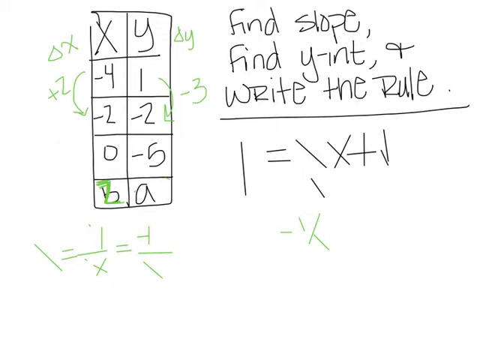So now we just need to find the y-intercept, or the b value. Remember, the y-intercept is what happens when x is 0. So we look at our table and find when x is 0. And we see that when x is 0, y is a -5. So our b value is a -5. Let's bring everything else down. We have y equals mx plus b.